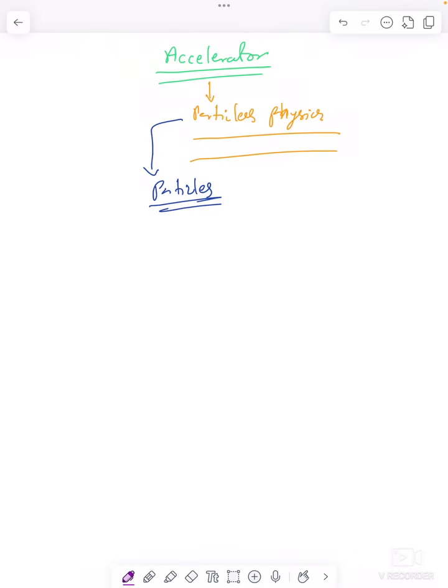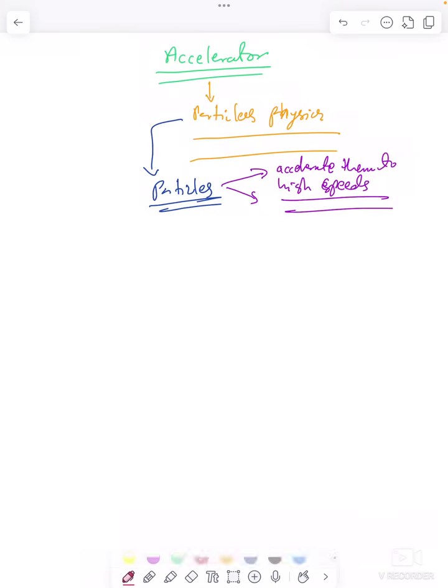So when we study particles, we accelerate them to high speeds. Okay, high speeds. And when they're at high speeds, we make them collide with each other.